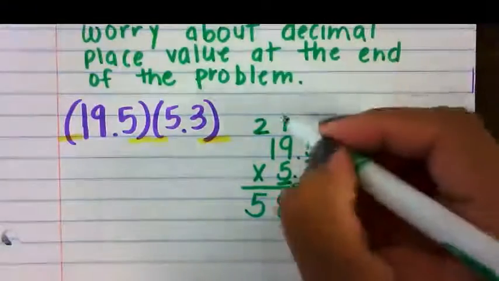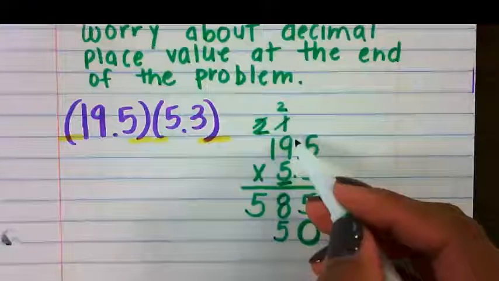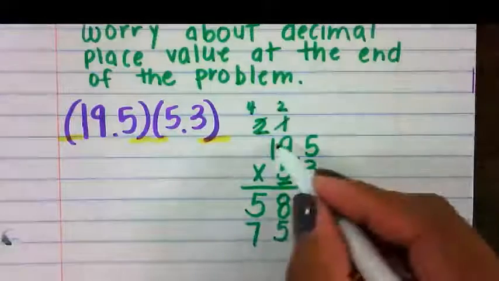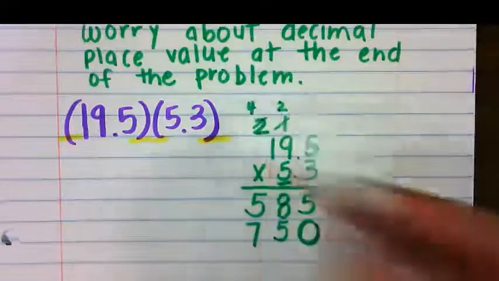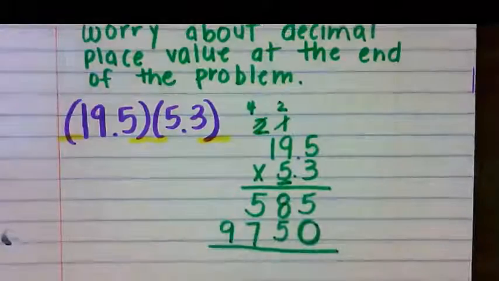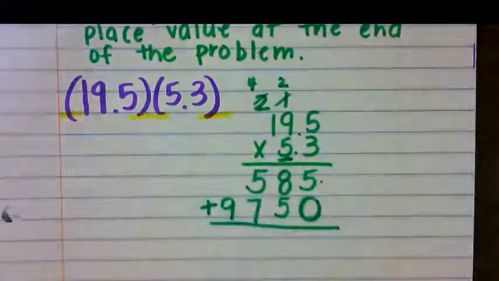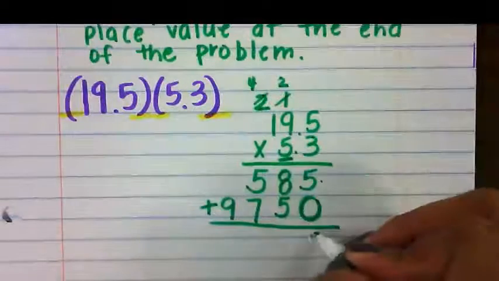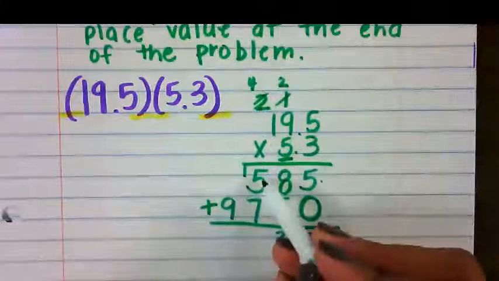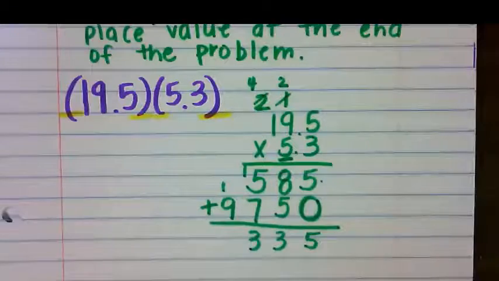So 5 times 5, 25. 5 times 9, 45, 46, 47. 5 times 1, 5, plus 4, get 9. Now I'm just going to add these two products together. 5 plus 0, 5. 8 plus 5, 13. 7 plus 5, 12. Plus 1, 13. 9 plus 1, 10.